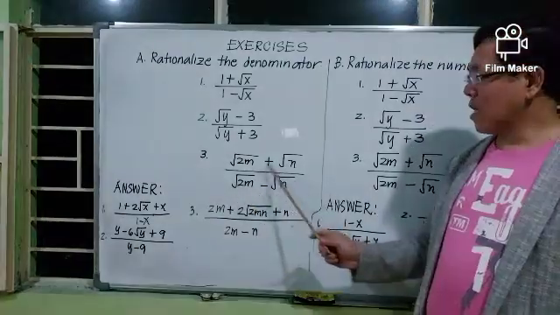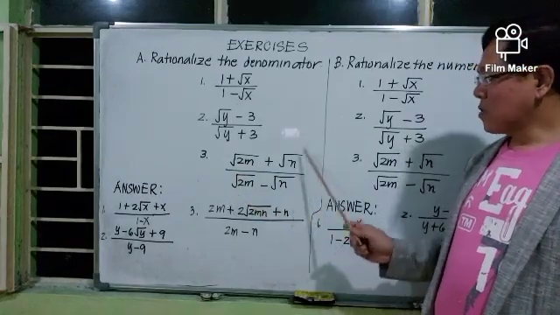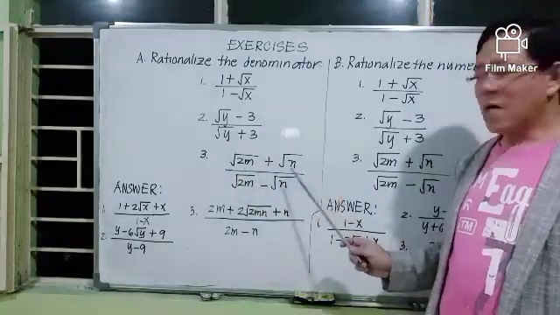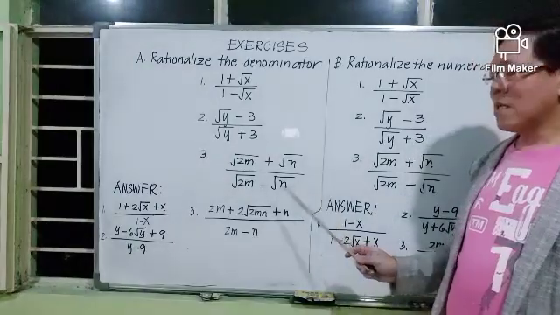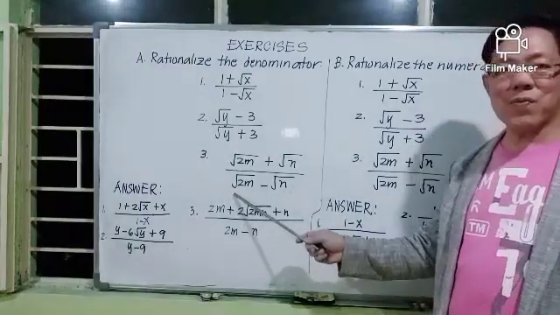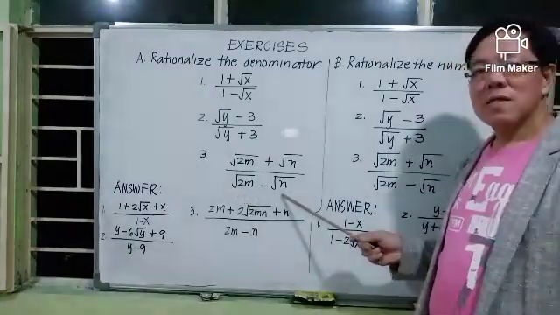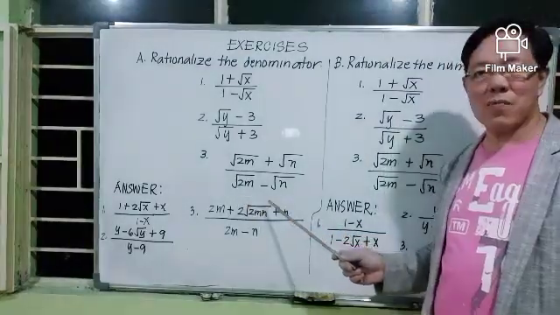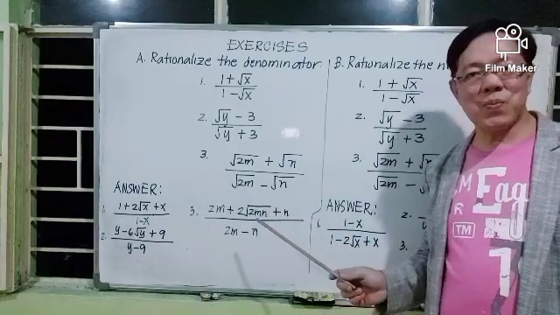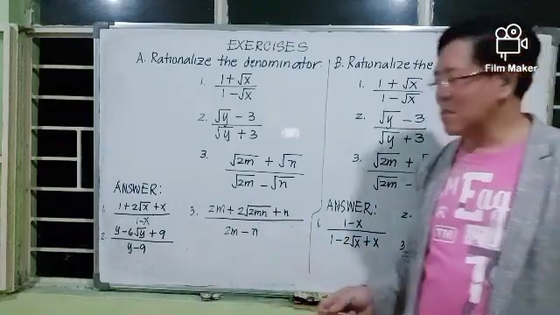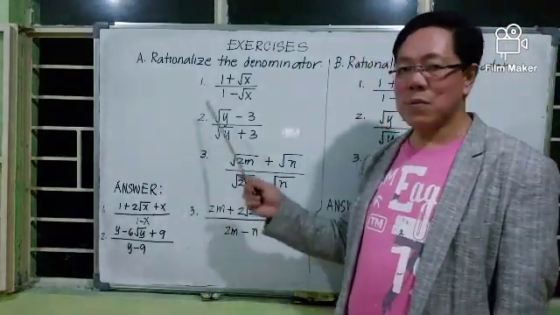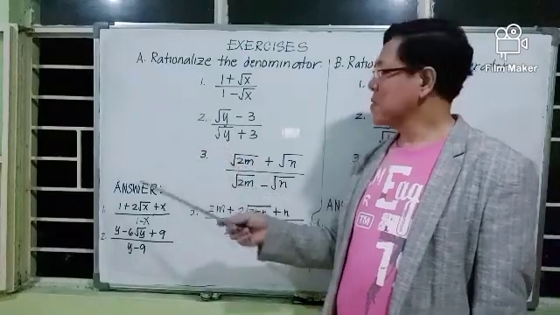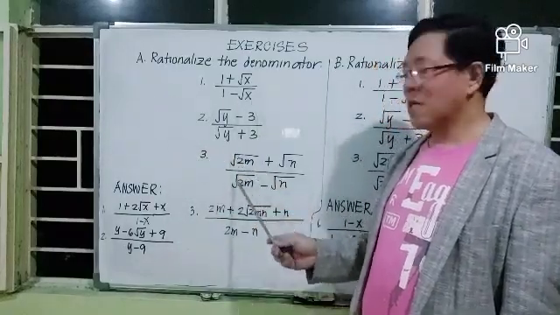Again, you will rationalize the denominator, multiply the numerator and denominator by the conjugate of the denominator, conjugate of square root of 2m minus square root of n. For you to be able to check your answers, I give you the answers to letter A, where you will rationalize the denominator.